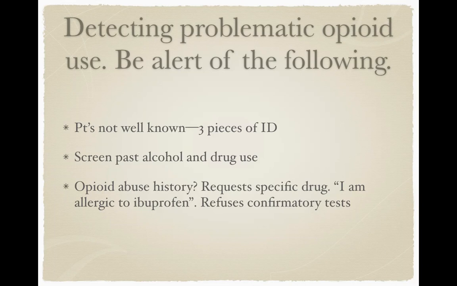So that gives a little insight that there needs to be a lot of disclosure on the part of the patient, but also on the part of the dentist before we start prescribing these drugs.